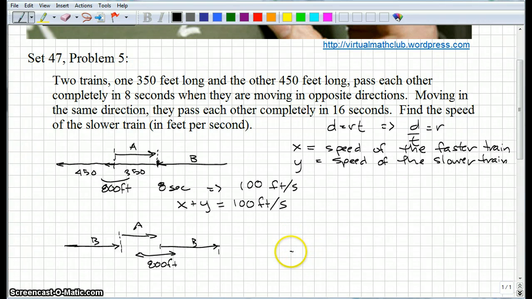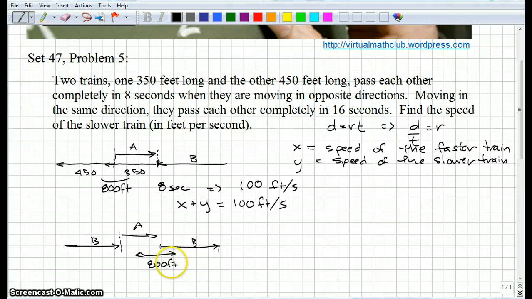And like I said before, their relative speeds, if you're riding on train A and train B is passing you and they're moving in the same direction, then relative to your train, train B is going to look like it's going slower than it would if you were actually sitting on the side of the tracks and watching them pass each other.